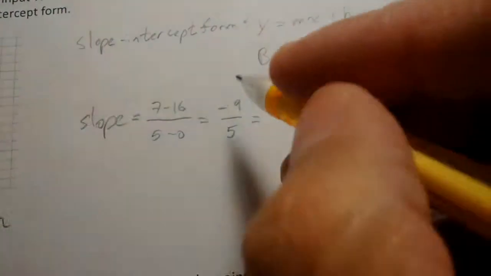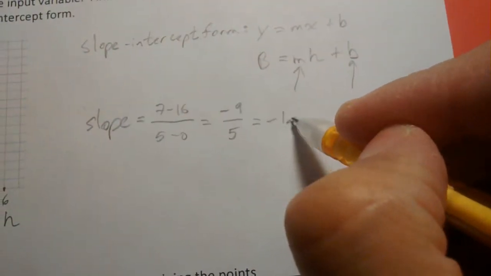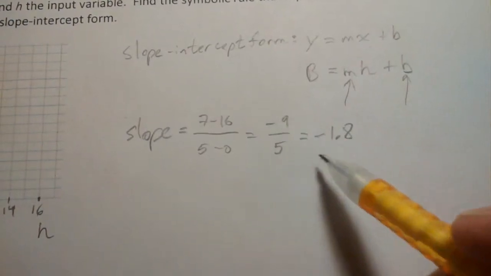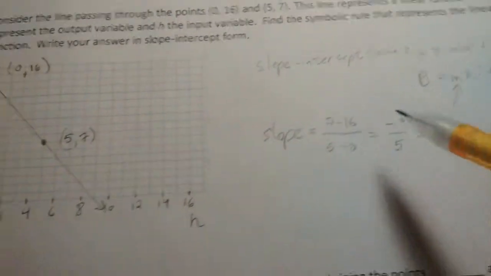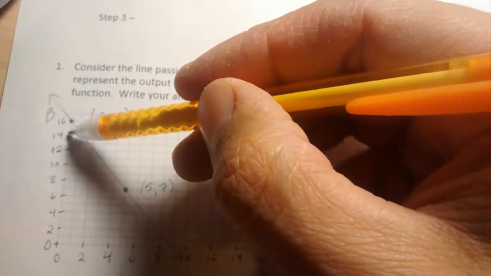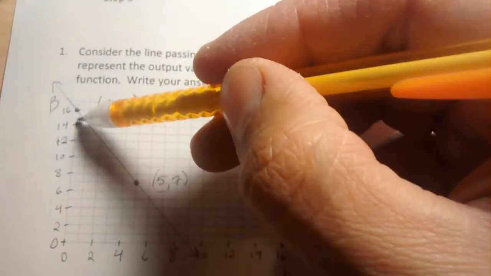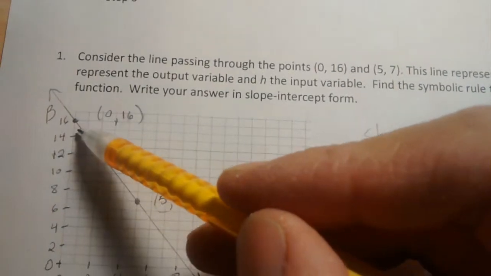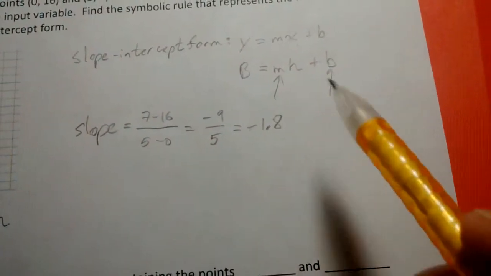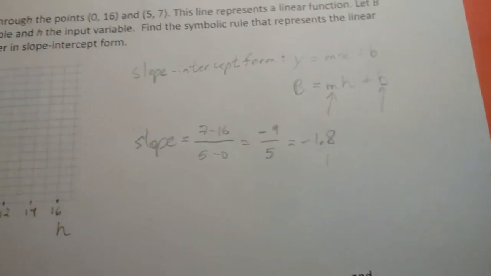And if you plug that into your calculator, you're going to get negative 1.8. Either version is good, I should say. So the slope here certainly is going down, so that looks good, and it's going down 1.8. There's 1.8, and then over 1.